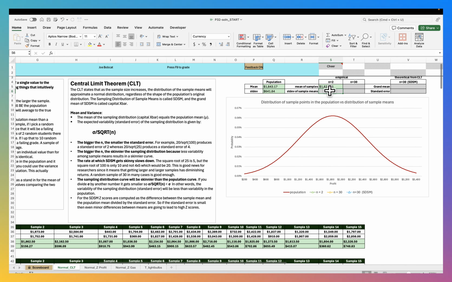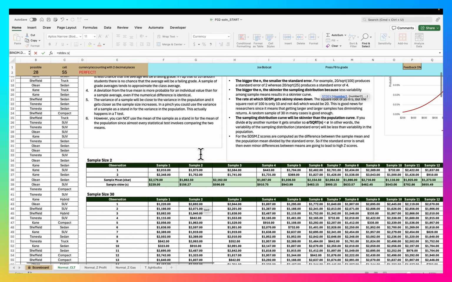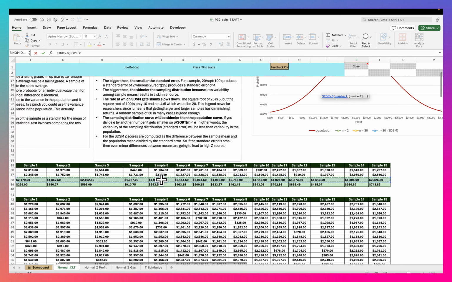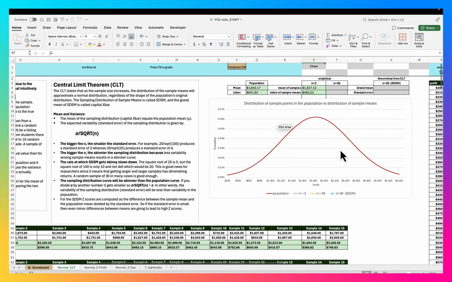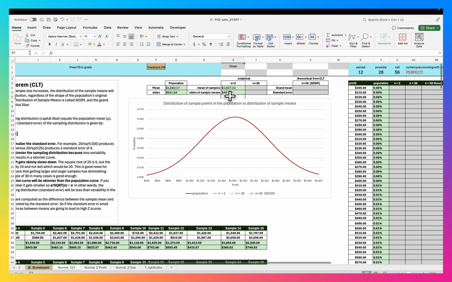And then we're going to get the standard deviation. And that's .S because they're samples. The standard deviation of those sample means. So come right back to that means line and get the standard deviation. All right, now, this gives us the shape of the line for n equals 2.